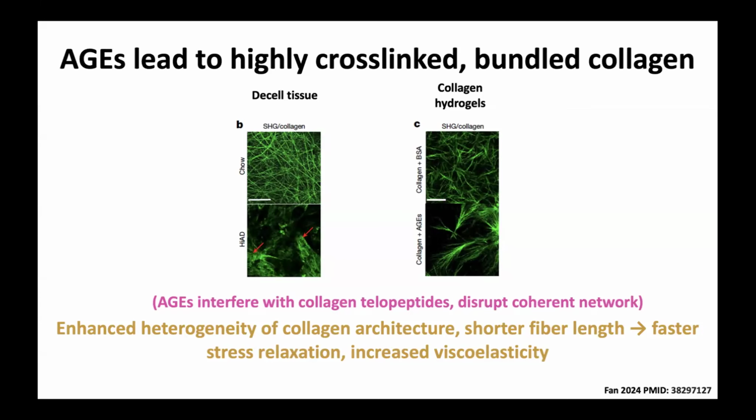You have much more stress relaxation, faster stress relaxation, and increased viscoelasticity. And in this paper, she was able to show that it led to increased cancer in the tissue she was looking at. So I think this is a pretty cool paper, and I think it's worth looking at if you're interested in collagen structure and how collagen structure can have really profound biological impacts. This paper just came out.